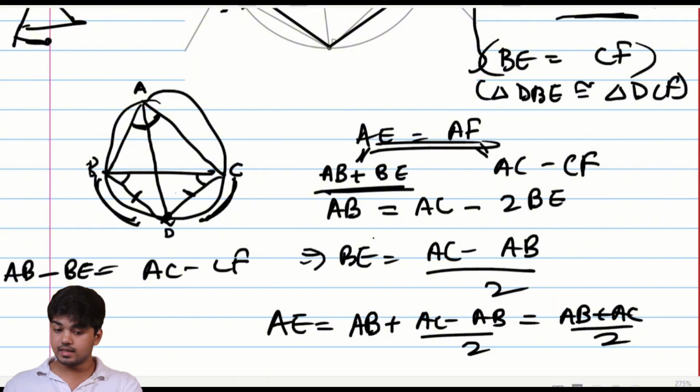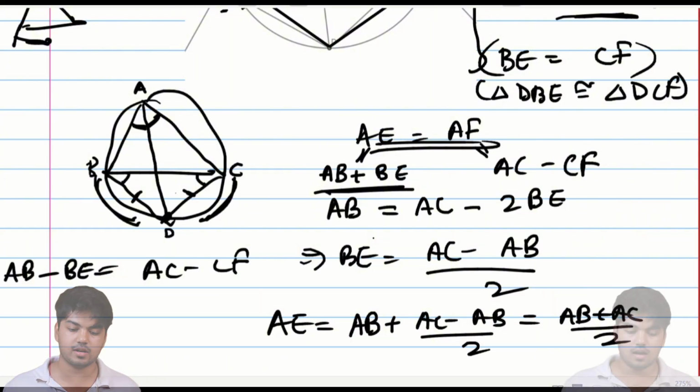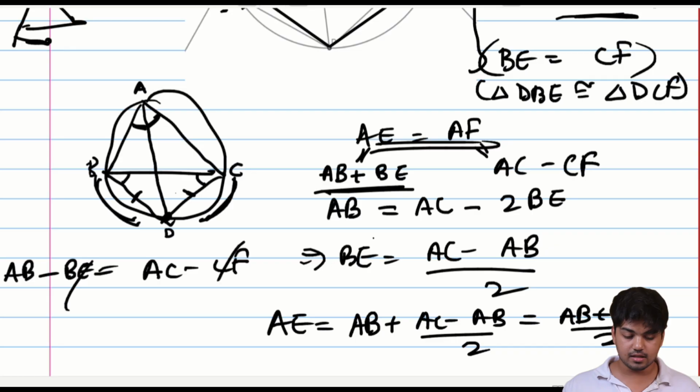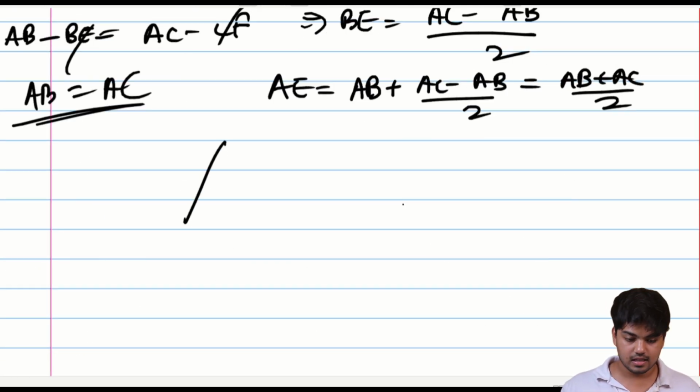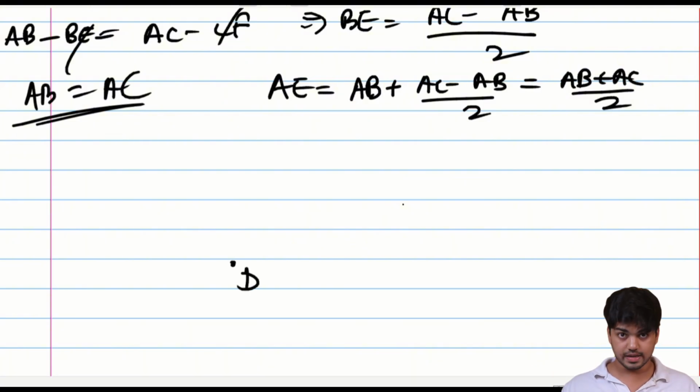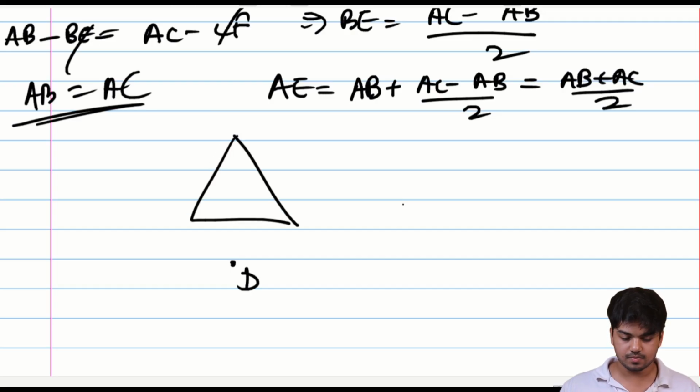Because up until this, there's nothing configuration specific. We've done a very general calculation up until this part. But since BE is equal to CF, this actually tells me that AB is equal to AC. Or that the only way you can have perpendiculars from B onto AB and AC be both outside or both inside is if ABC is isosceles.